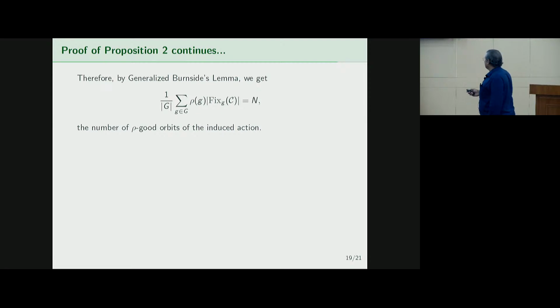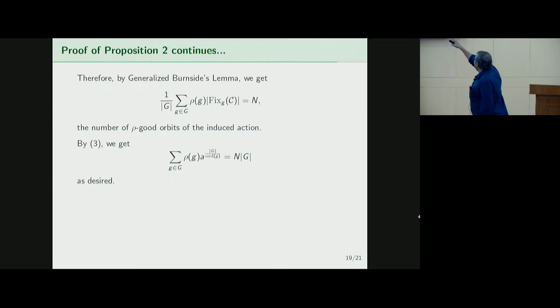Since we already know what Ng is, A to the power cardinality of G by order of g, we just plug it in and get the same ditto proof, because we replace the usual Burnside lemma by the character version.